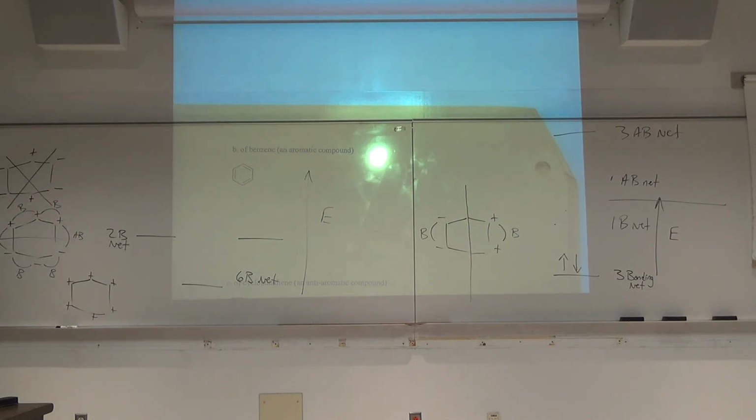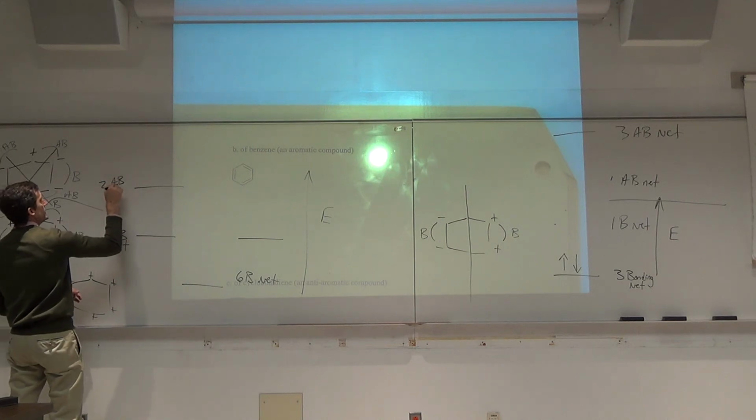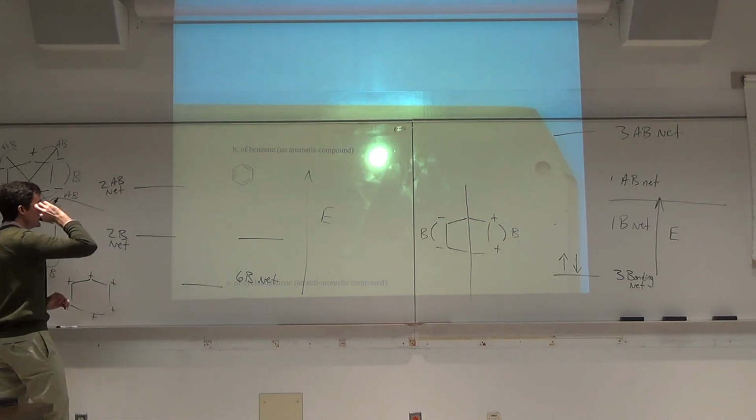Okay, what's the net? Two antibonding, 2AB. Indeed, it's 2AB net. I want to finish this up before we dismiss.